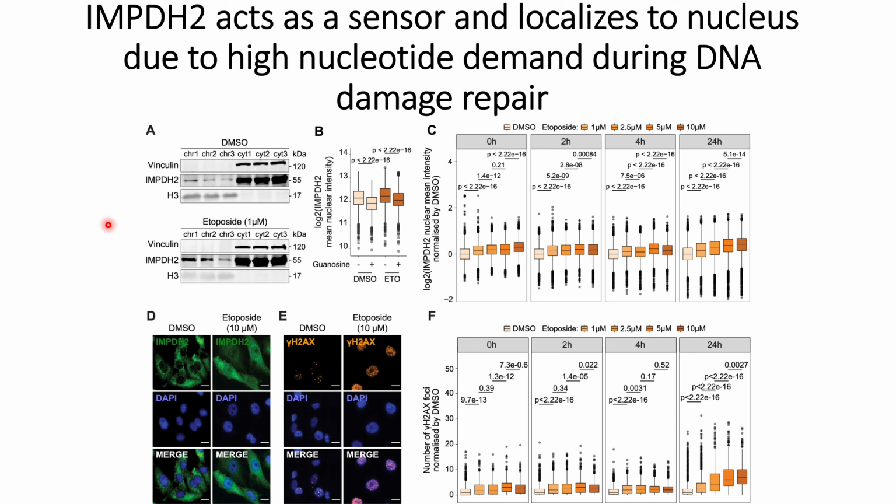First they replicate their previous results using Western blot, as previously they published the metabolic analysis. Here they treated these triple negative cancer cell lines, with DMSO as a control and with adipocytes to induce DNA damage.